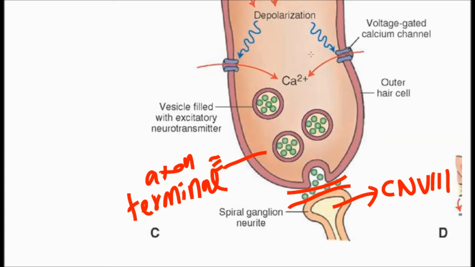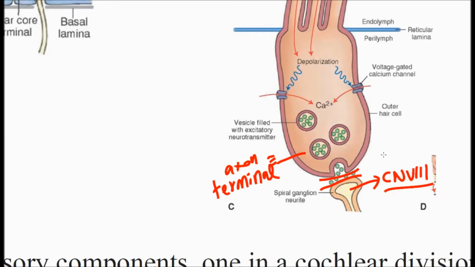So in other words, the hair cell directly synapses with cranial nerve number 8, creating the impulse to that nerve, delivering that information to the CNS.